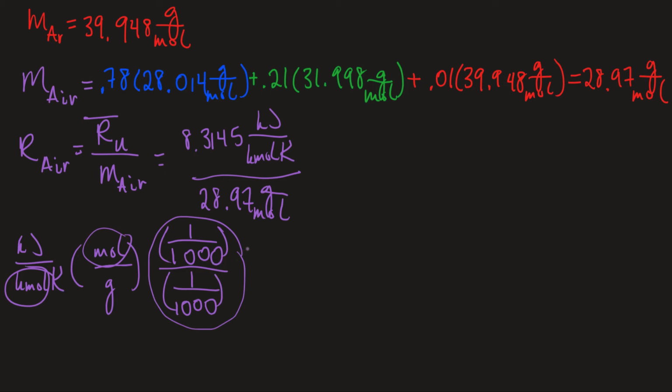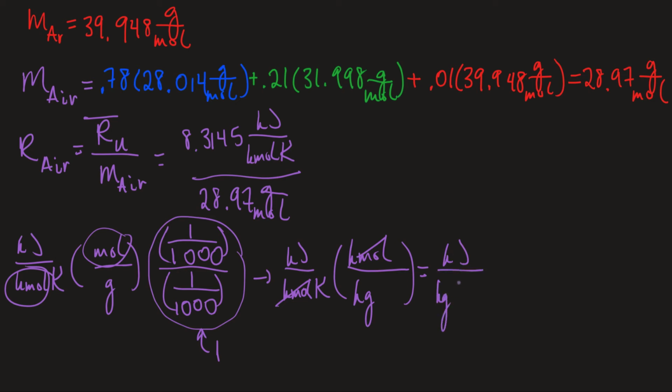So if we divide the numerator and the denominator each by 1,000, this stays the same, kilojoules per kilomole Kelvin, then we divide the numerator by 1,000 and get kilomole, and we divide the denominator by 1,000 and get kilogram. All these K's start looking and sounding the same, but this kilomole can cancel with this kilomole, and we get kilojoules per kilogram Kelvin.